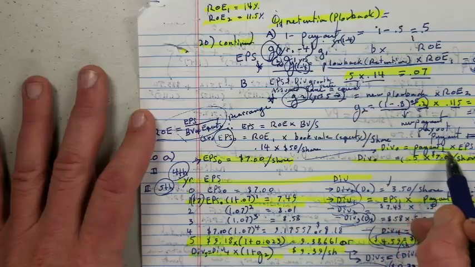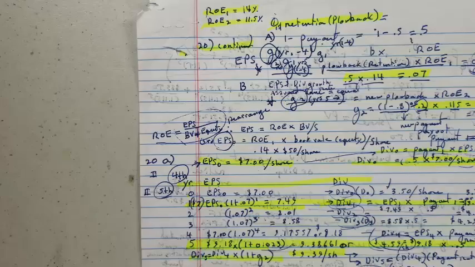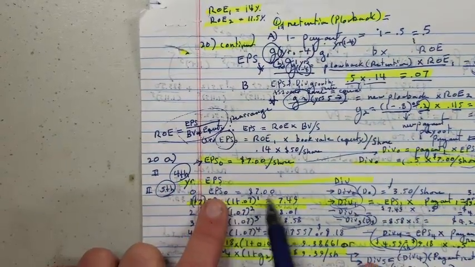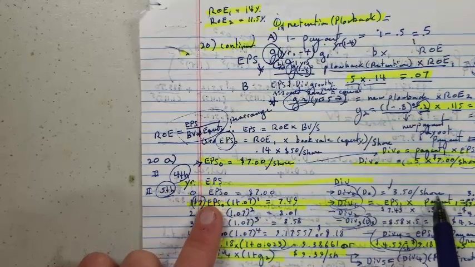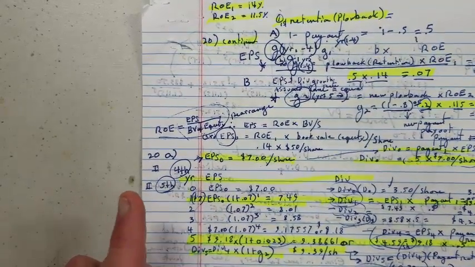So 0.5 times $7 per share gives me $3.50 per share. So I've got EPS 0 of $7 and dividend 0 of $3.50 per share. And then from there, I can calculate everything out.